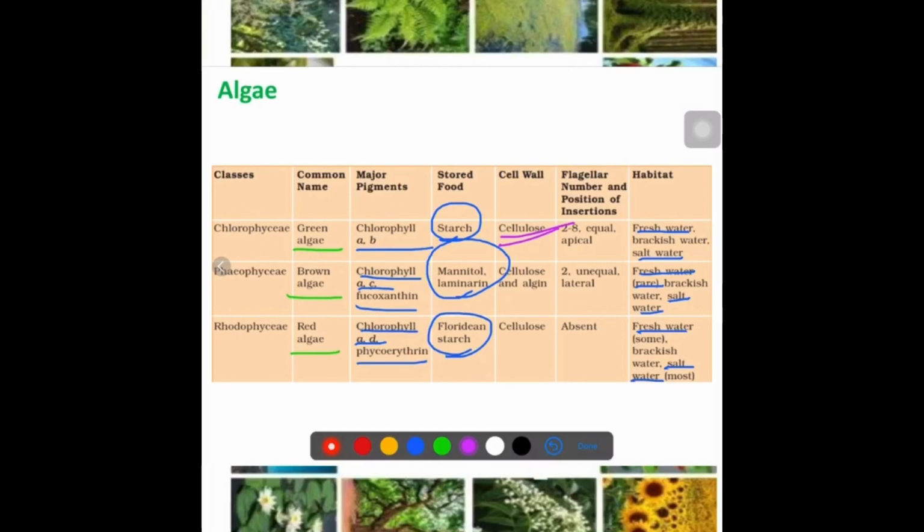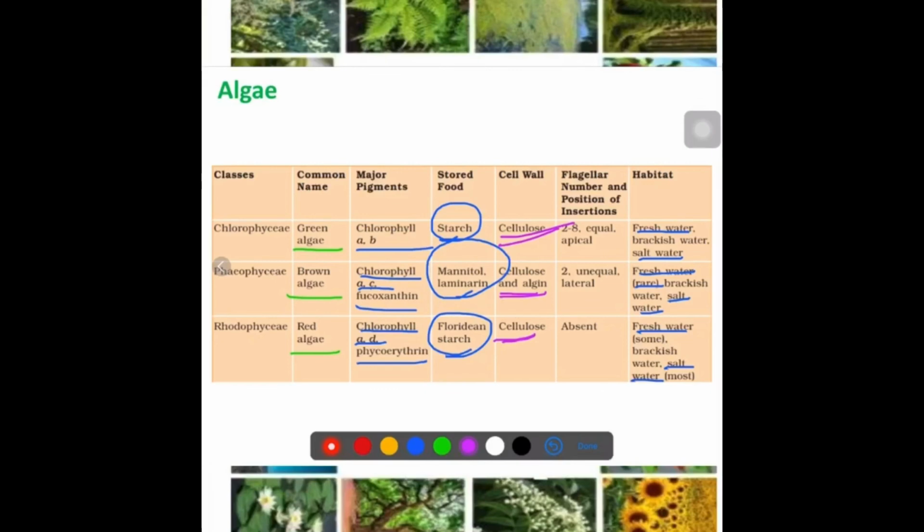In Phaeophyceae, it is made up of cellulose with an outer covering of algin. In Rhodophyceae, it is made up of cellulose. In the first two, flagella are present, but in Rhodophyceae, flagella are absent. So this is the overview of the three types of algae.